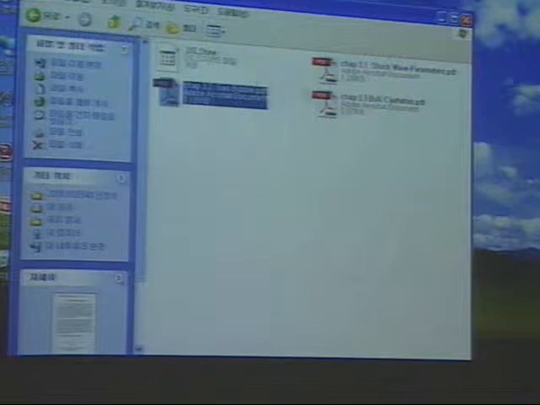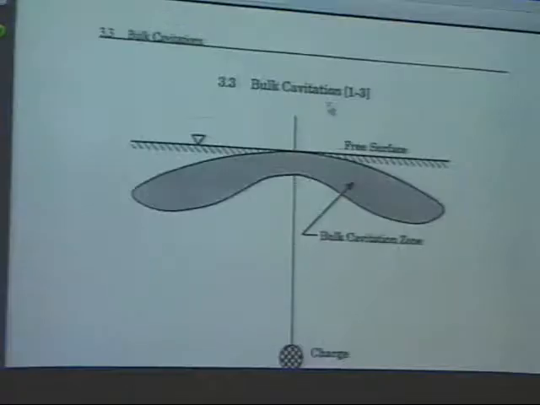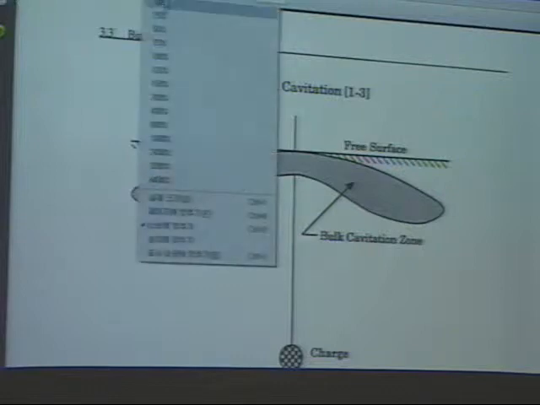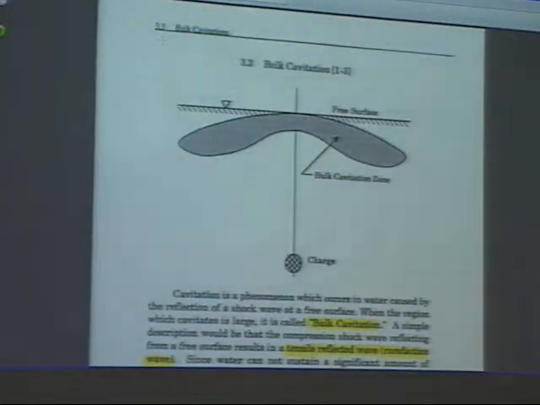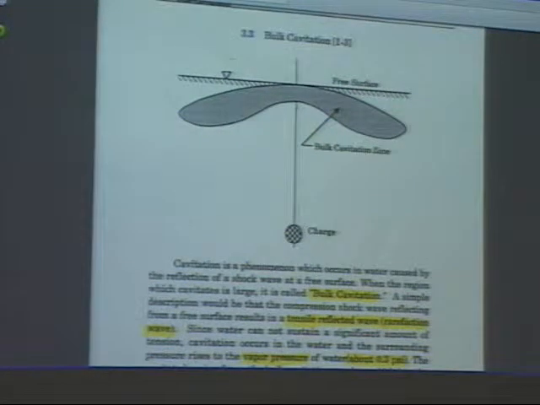But, okay, today I'm going to give you a talk on the bulk cavitation. This is one of the phenomena that you must know 100%, 105%.